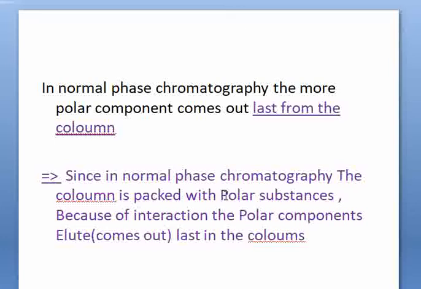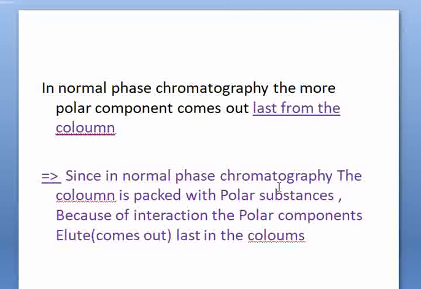Now if the mobile phase is polar, it interacts with the polar substance in the column. Because of this interaction, it moves slowly out of the column. So generally it comes out relatively late from the column compared to the non-polar substance.